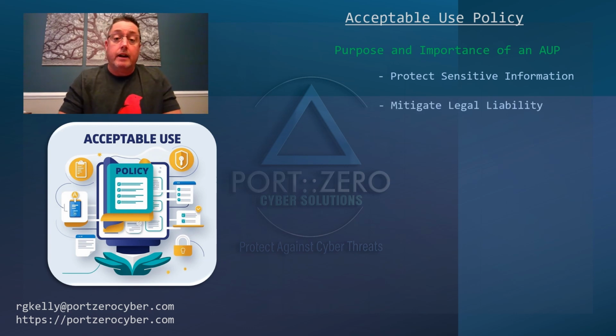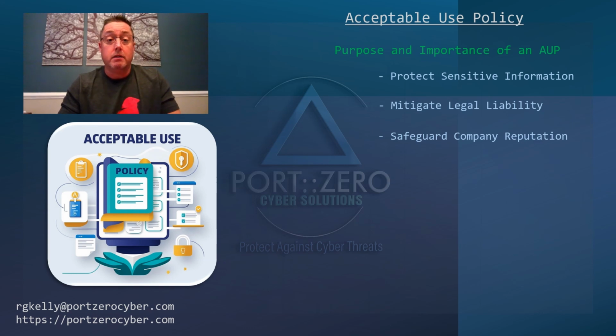Guidelines for internet and device use can help prevent harassment, discrimination, and other inappropriate conduct. 3, safeguard company reputation. Ethical use of company resources protects your brand. 4, enhance productivity. Clear rules help discourage misuse of resources and enable employees to stay focused on their tasks. In short, an AUP helps establish clear expectations, which are essential for a secure and professional workplace environment.